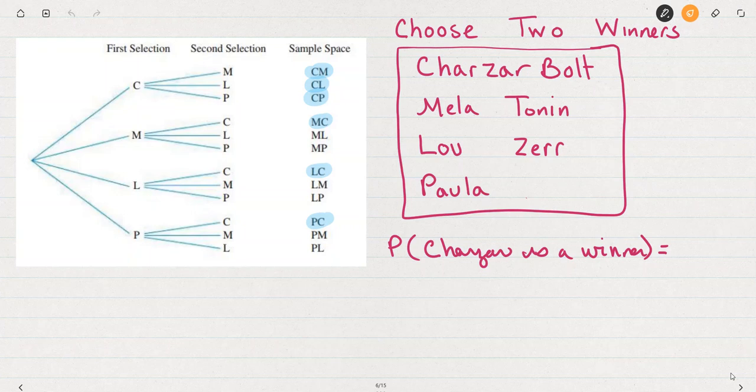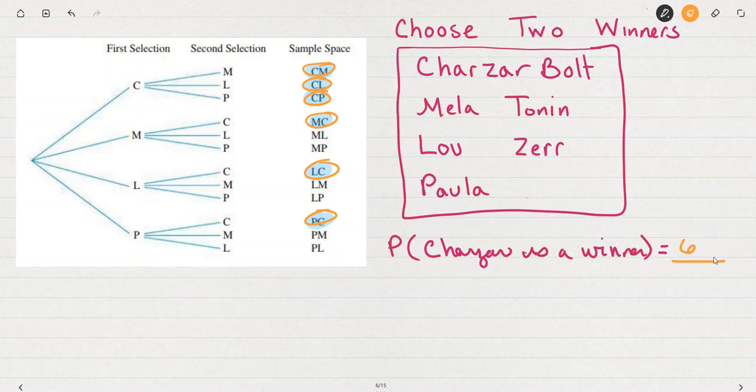Well, to be one of the winners, that means that Charizard could be the first winner or the second winner. So it looks like there's 1, 2, 3 cases where Charizard is the first winner. If we continue, we get 4, 5, 6 total combinations where Charizard is one of the winners.